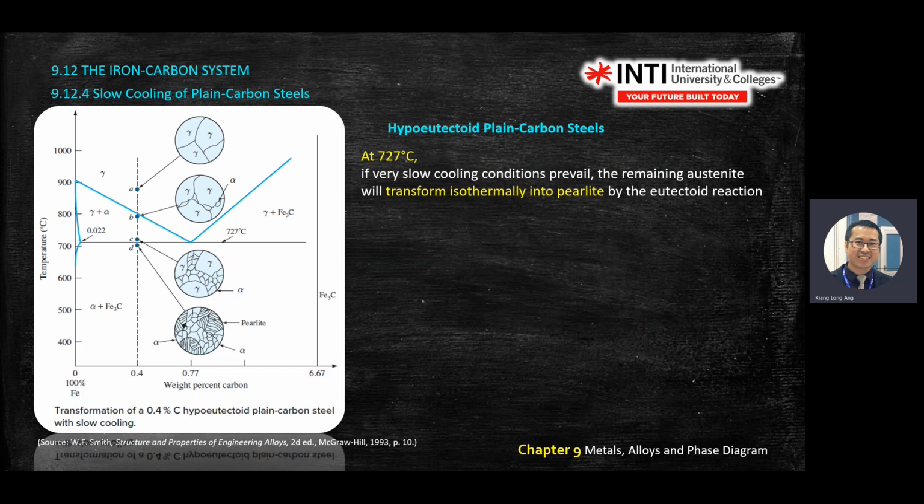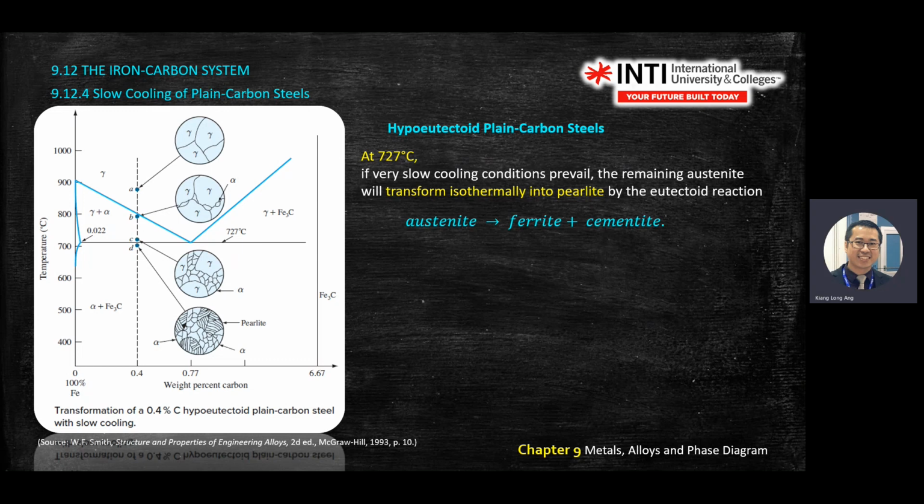Then at that point, at this straight line here, this straight line in the carbon system or iron carbon system, this line, you get perlite. Okay, you get perlite.